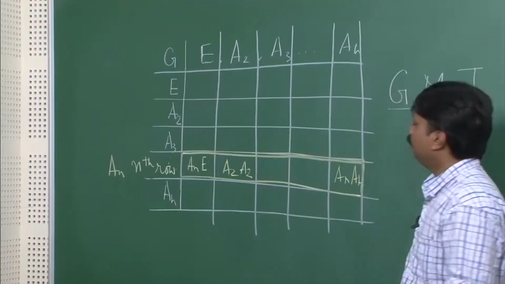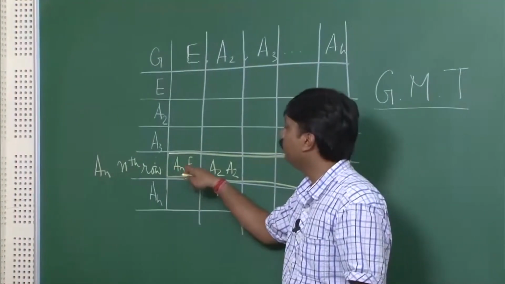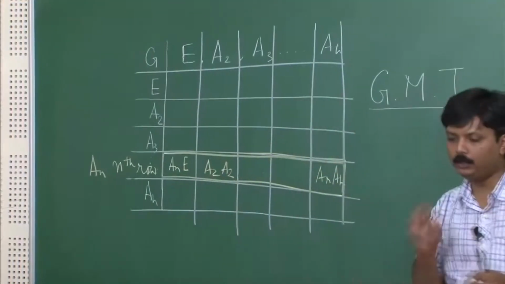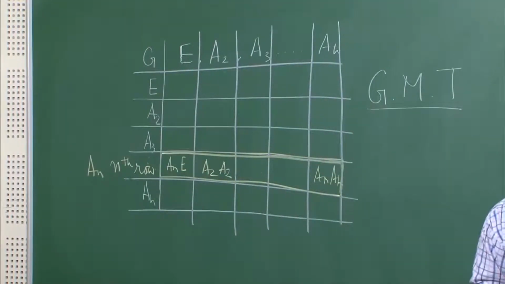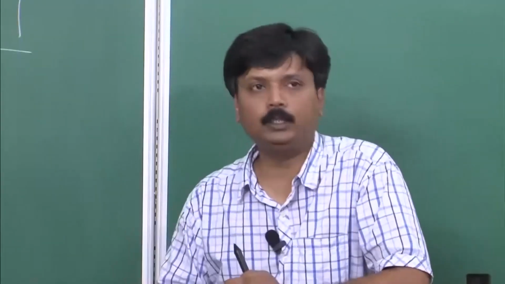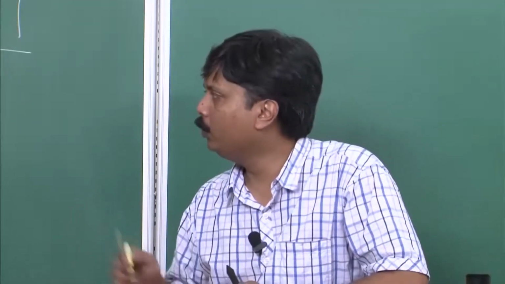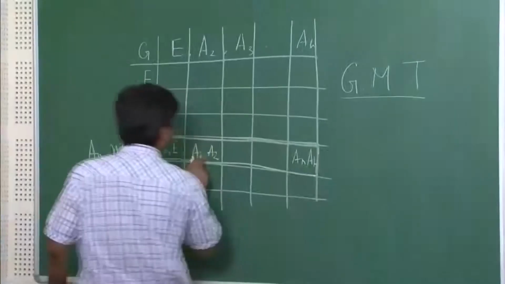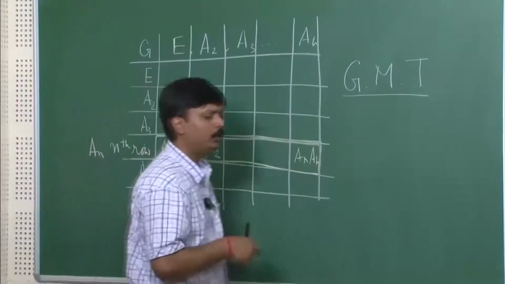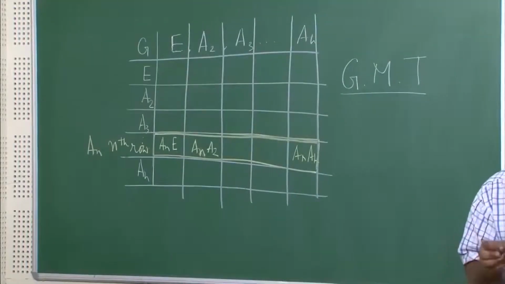Okay. Now, E to AH, all these are unique elements of this group, right. So none of these elements are the same, that already we have learned. Now, their combinations, when I have say ANE or ANA2, all these combinations are also going to give me different products.